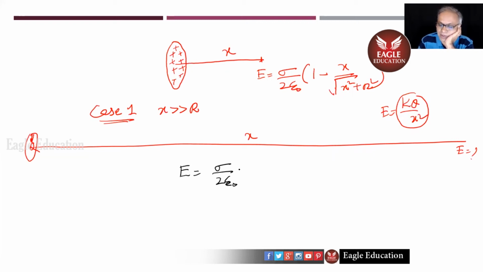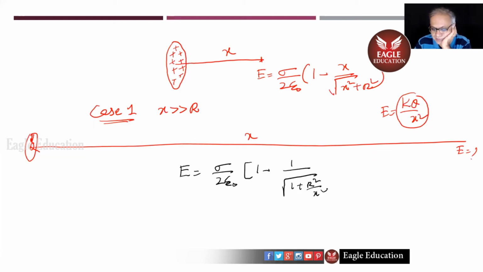I should be able to ignore r. Will I ignore r like this, x by x, 1, 0? I cannot. I'll tell you what I will do: 1 minus 1 by root of 1 plus r square by x square. I'll do that.